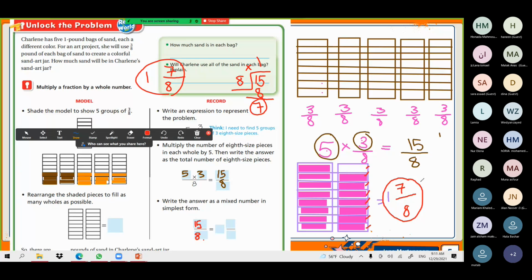Here we have 15. 15 colors in 8 jars. 8 jars can contain 8 colors, so we fill 8 in the first.